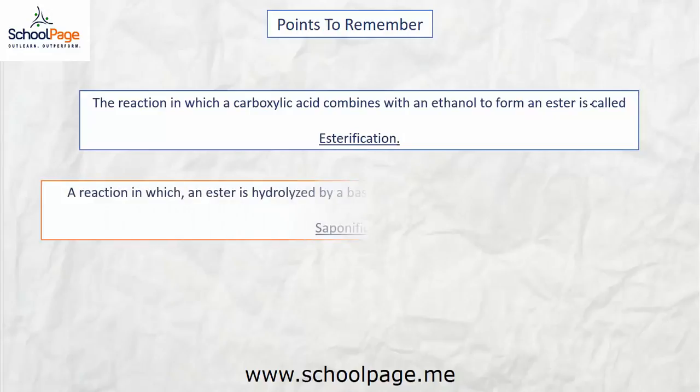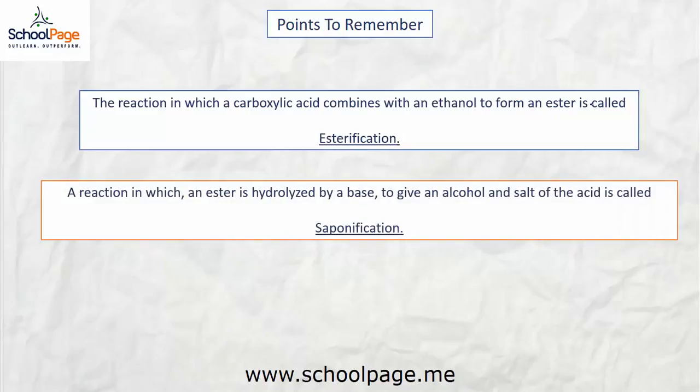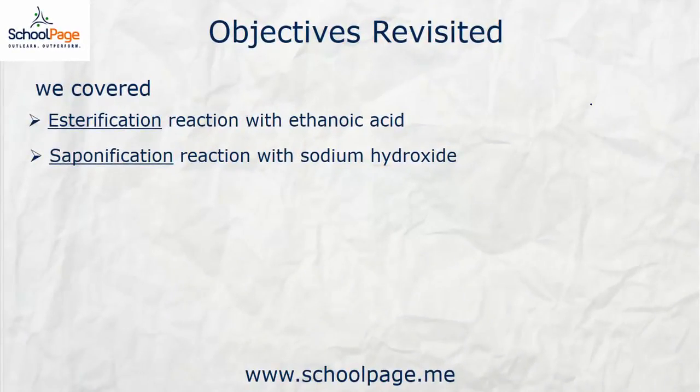Moving on, the second important reaction was the saponification reaction in which an ester is hydrolyzed by a base like sodium hydroxide to give an alcohol and a salt of acid. This reaction is used in the preparation of soap and hence the name saponification. In this video, you understood two important chemical reactions of ethanol, esterification and saponification.